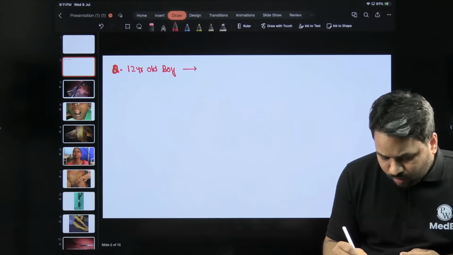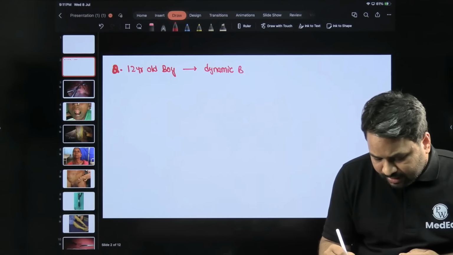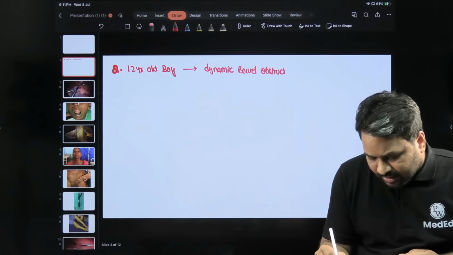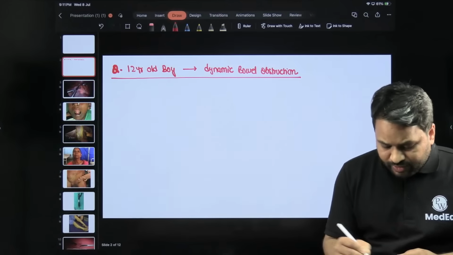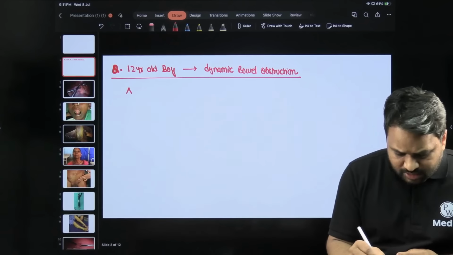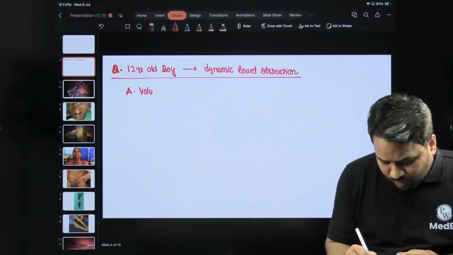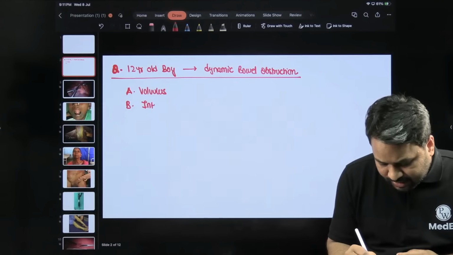Now this 12-year-old boy had dynamic bowel obstruction. Right. Now we've shown the video. I think you have seen all the options. The first option was volvulus. The second option was intussusception.